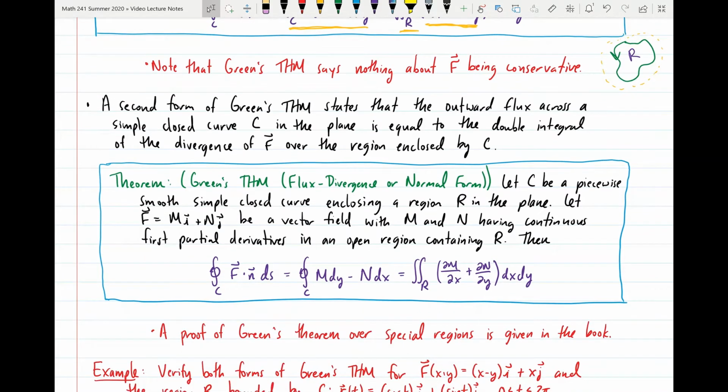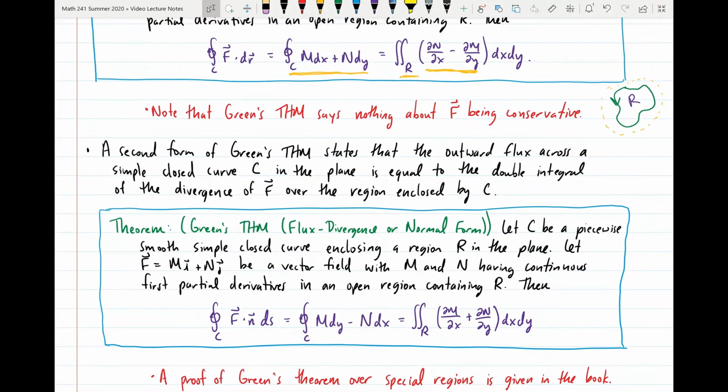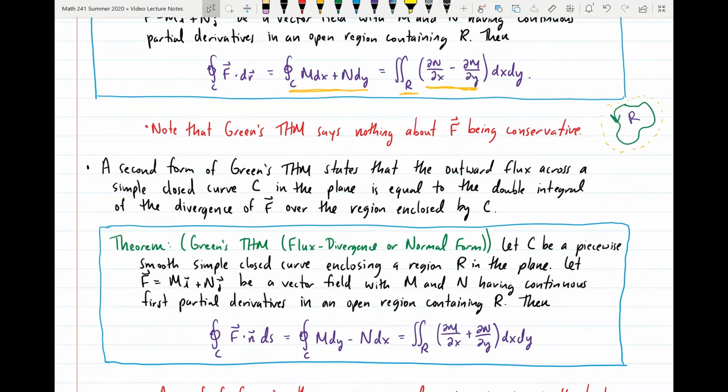Now we also have a second form of Green's theorem that states that the outward flux across a simple closed curve C in the plane is equal to the double integral of the divergence of F over the region enclosed by C. We can again refer back to the same diagram. We have our simple closed curve in green, and it's enclosing some region R in the plane.